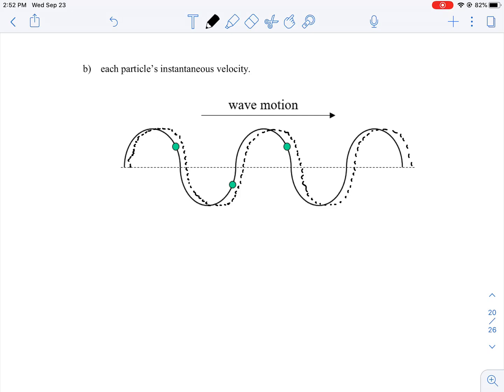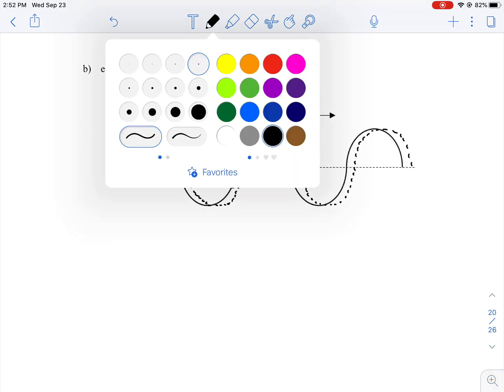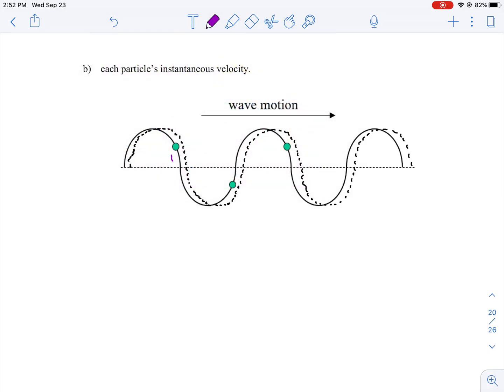Now remember, this is a transverse wave. The particles have to move perpendicular to the wave motion. The dotted line is where the particles are now. So you can see for particle number 1, the particle is now above it. So it is up here now. That means it must have moved upward.